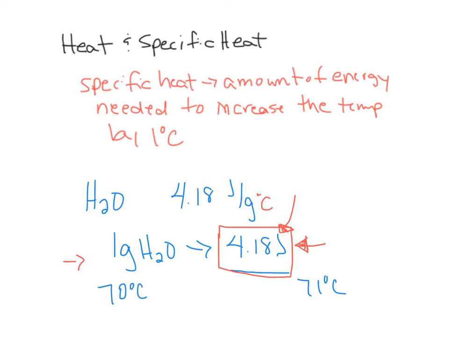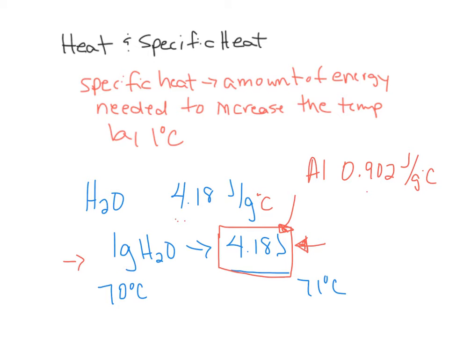My apologies. All right, if we were to look at the specific heat of aluminum, aluminum specific heat is 0.902 joules per gram Celsius. So it requires way more energy to heat up water than it would aluminum, and we can attest to that from our own personal experiences, right?